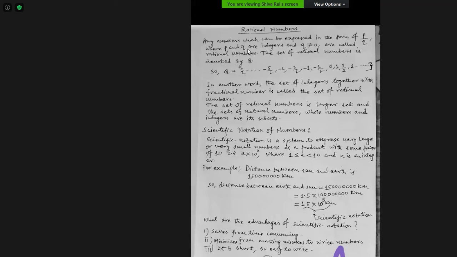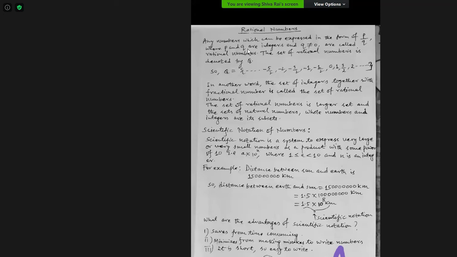The set of rational numbers is a larger set, and the sets of natural numbers, whole numbers, and integers are its subsets.